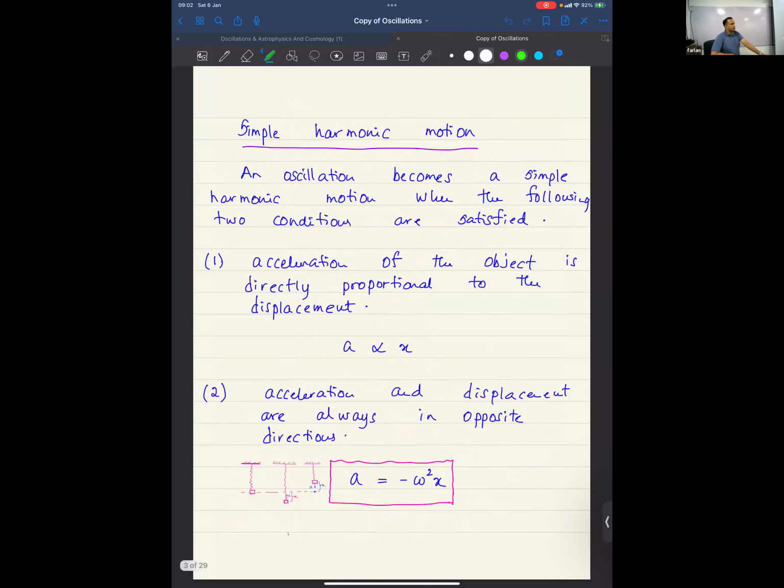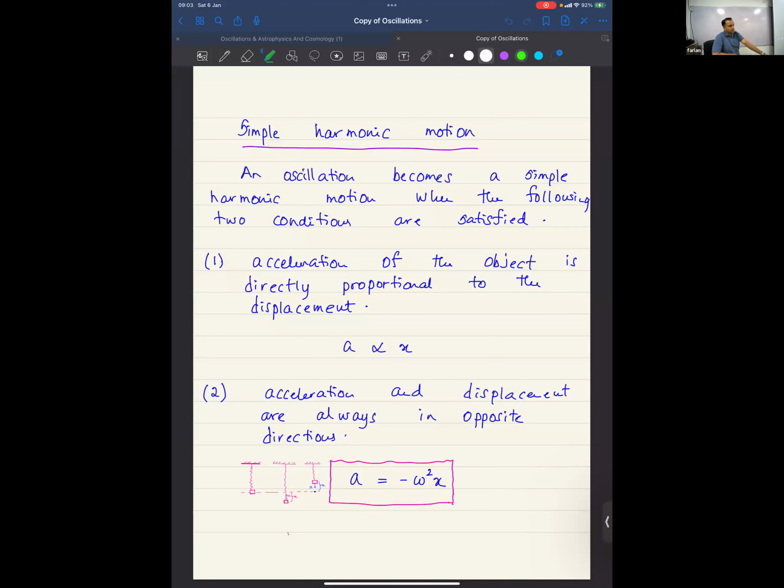An oscillation becomes a simple harmonic motion when two conditions are satisfied. What are the two conditions? The acceleration of the object in the oscillation has to be directly proportional to the displacement. So if you increase the displacement, the acceleration will increase, and when the displacement is decreasing, the acceleration will decrease.